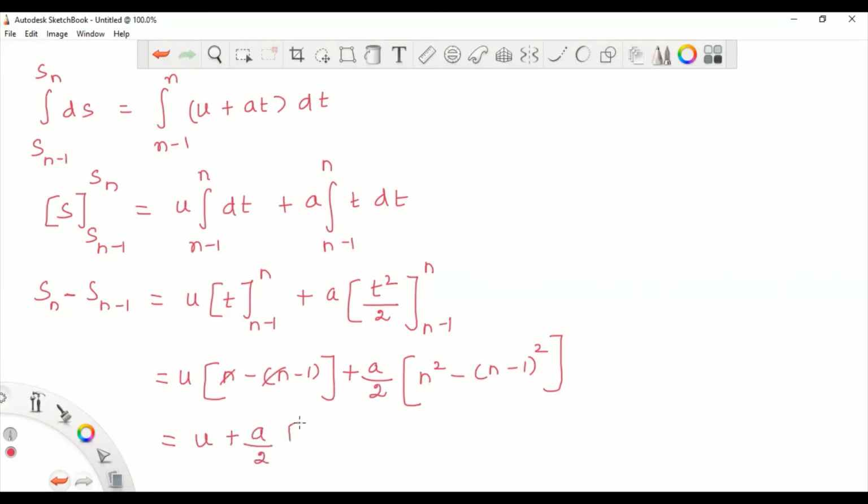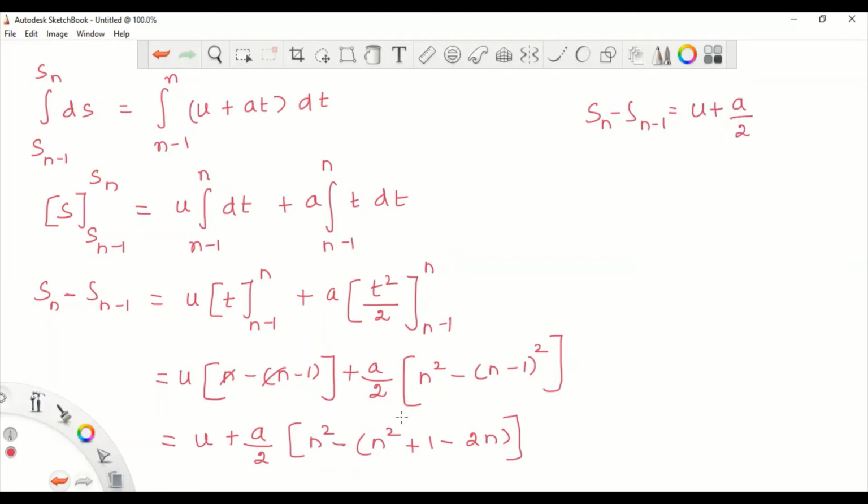Now this is n square minus, this is a minus b the whole square, n square plus 1 square minus 2n. Okay, so you can write it as Sn minus Sn minus 1 is equal to u plus a by 2.